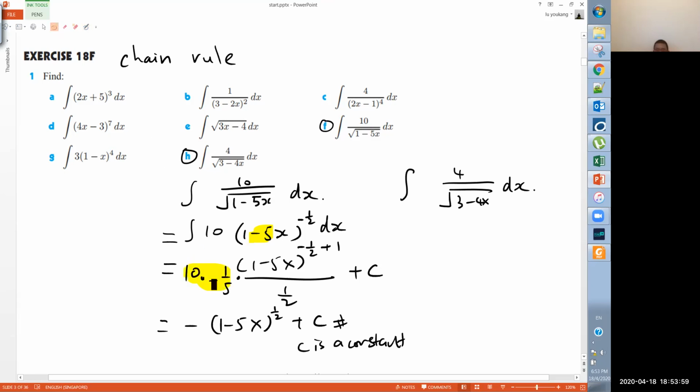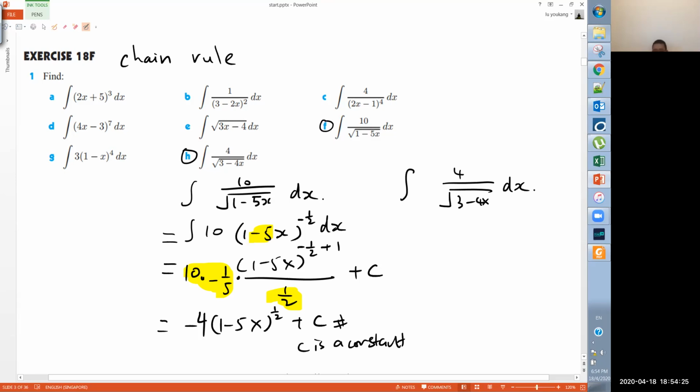So I am supposed to get minus 2. Minus 2 is 2. So I'm supposed to get minus 4. Right? So this should be the answer. Over here, this is divided by half. So divide by half, that means you should get 2.